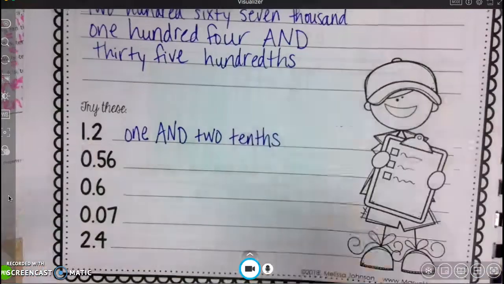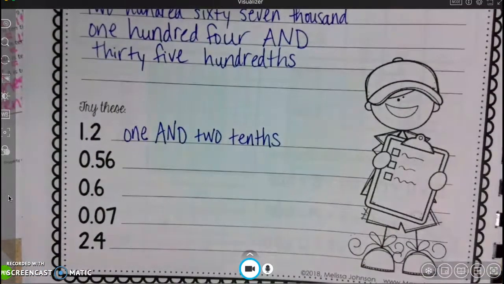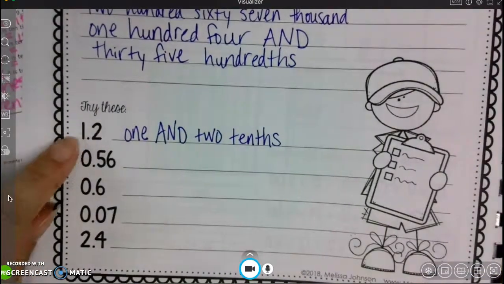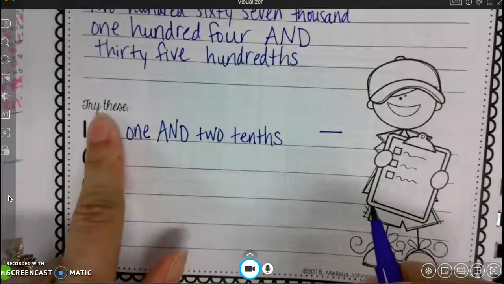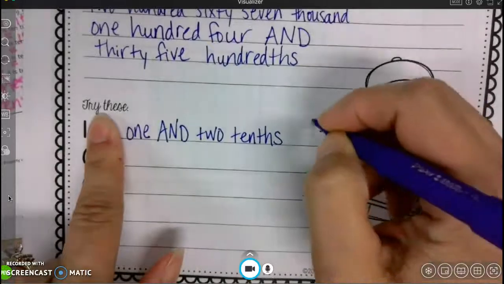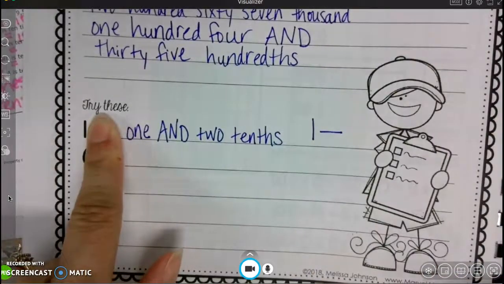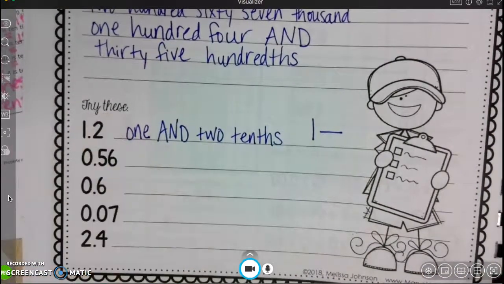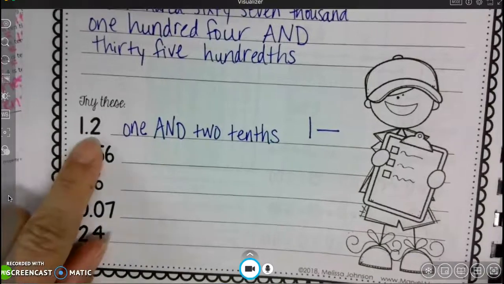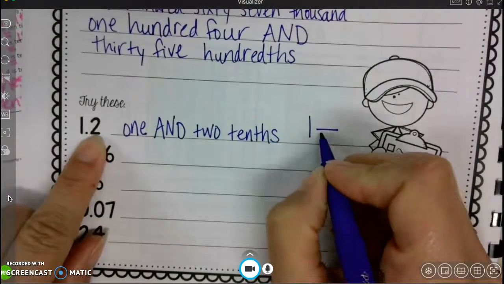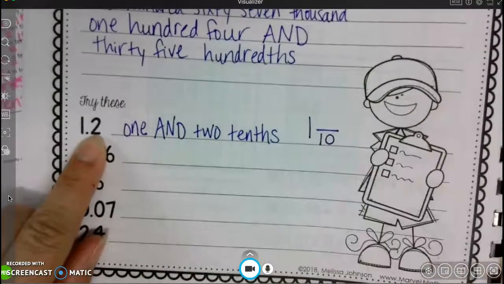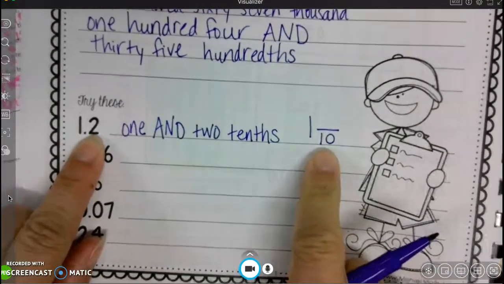And then we're also going to write this as a fraction. Remember, anything in front of the decimal goes in front of your fraction. What is in front of my decimal? So I'm going to put a 1 in front of my fraction. And then I have 1 decimal place to the right of the decimal, so my denominator is going to have 1 zero on it. So my denominator is going to be 10.